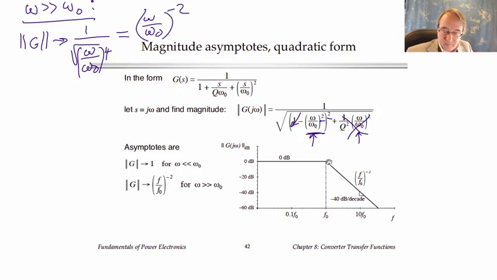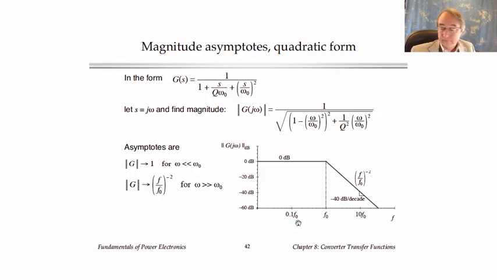So this is an asymptote with a slope of the minus 2 power times 20 dB per decade, or minus 40 dB per decade. It intersects the low frequency asymptote at the corner. So I think this is a nice set of asymptotes. It is in fact consistent with what you would expect from two poles if they were real and were both at F naught.